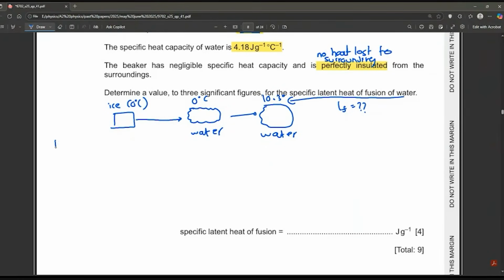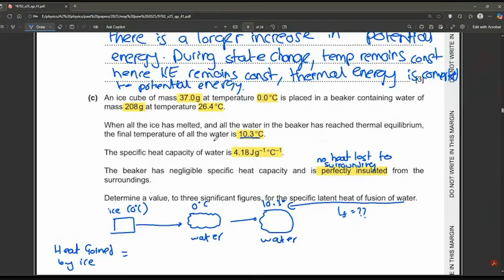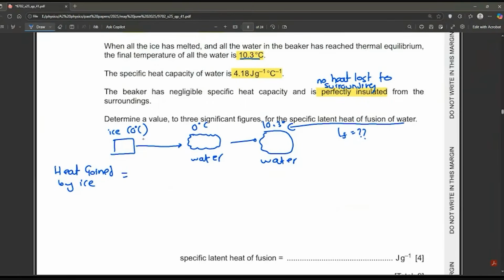That means we can say heat gained by ice. How will you calculate the heat gained by ice? What is the mass of ice? 37 grams. You will multiply this 37 grams mass with the specific latent heat of fusion.